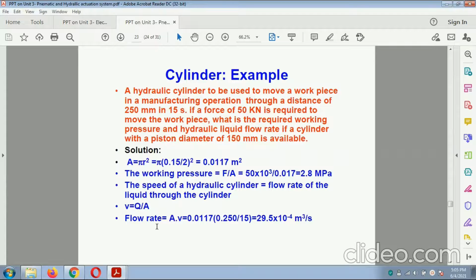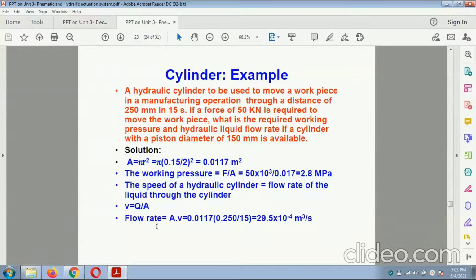A cylinder is used to move a workpiece in a manufacturing operation through a distance of 250 mm in 15 seconds. If a force of 50 kN is required to move the work, what are the requirements of working pressure and hydraulic liquid flow rate if a cylinder with a piston diameter of 150 mm is available? So area is pi r squared, you put in the radius.